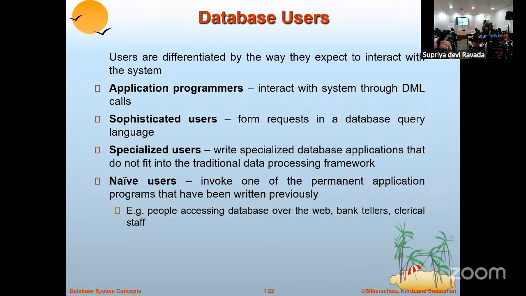Who are naive users? They are going to use only the interface without the knowledge of how to write a program. Is it clear? They are also called tellers, agents, web users. Is it clear? Who is the DBA now?